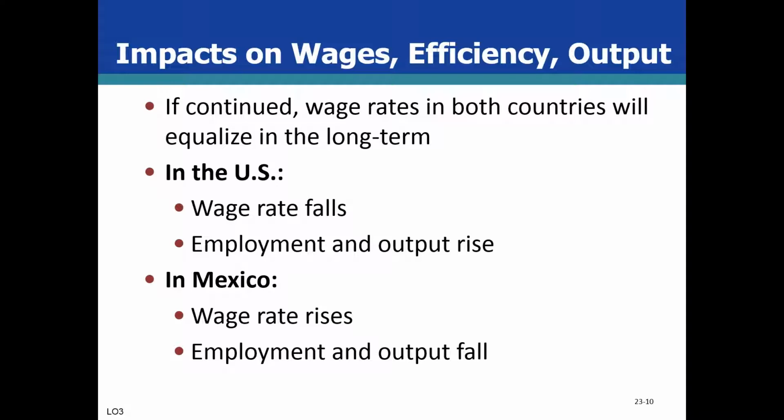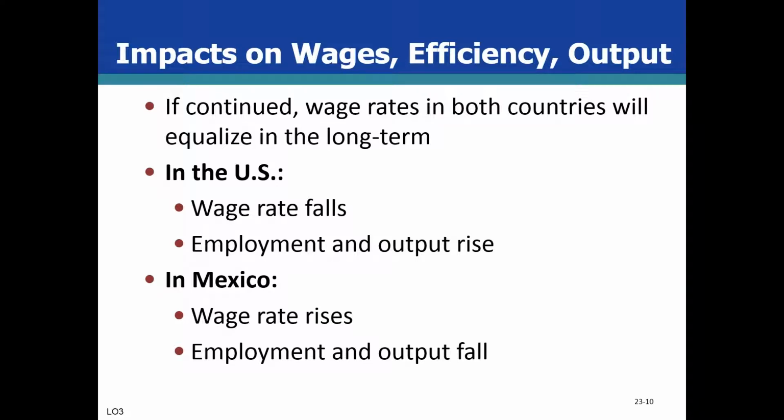But employment and output fall. The Mexican economy grows slower and could even contract. However, unemployment does not increase in Mexico due to the fact that the excess has moved to the United States.